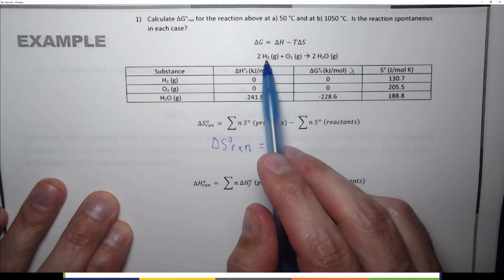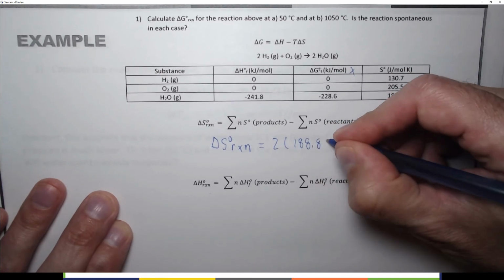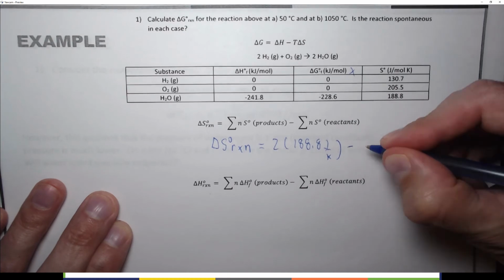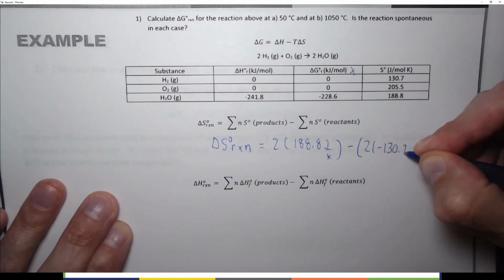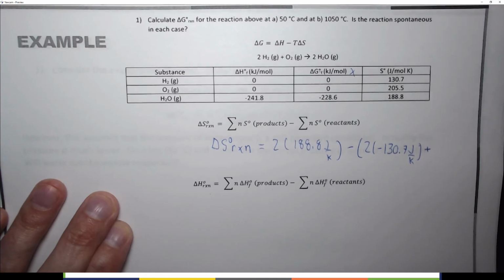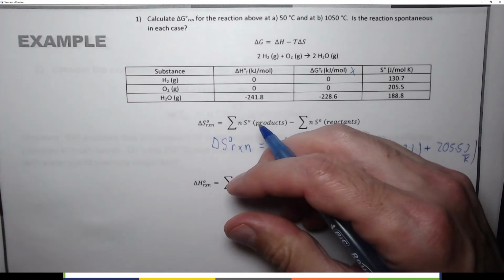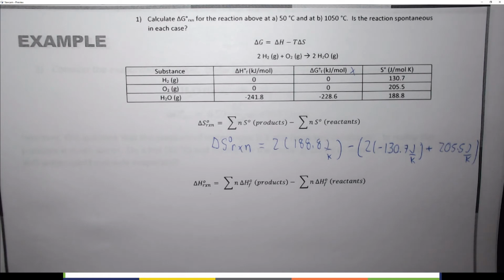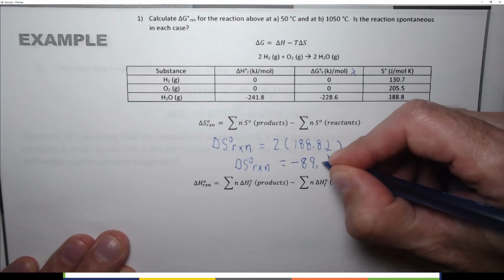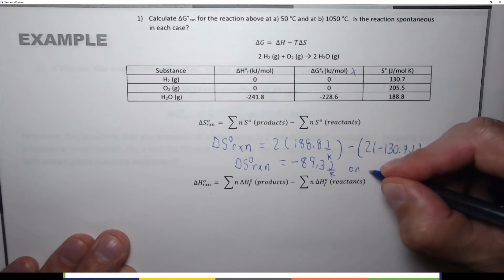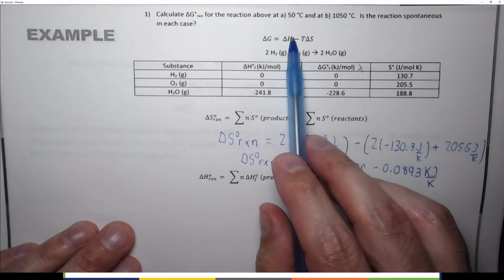In this case, the product is water, so I want to do 2 times 188.8 joules per K, minus 2, because there's 2 hydrogens, times 130.7 joules per K. And for this one, I want to add to that the 205.5 joules per K. When I do all that math, which I have done before in the previous section, I find that the delta S naught of the reaction is equal to minus 89.3 joules per K, or minus 0.0893 kilojoules per K. Because if you remember, when we plug into this one, we're going to need kilojoules per K.